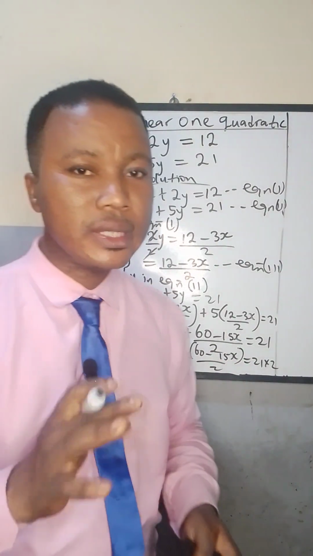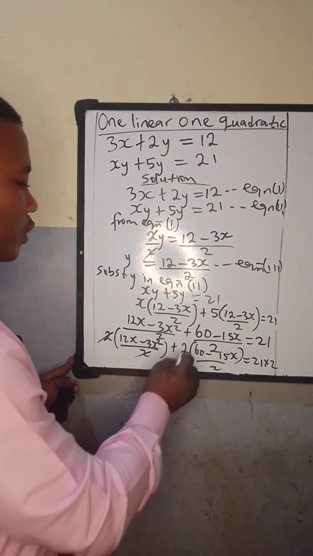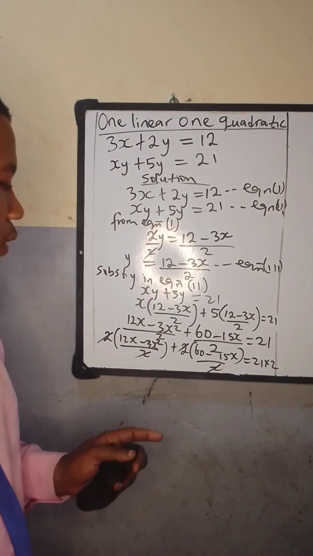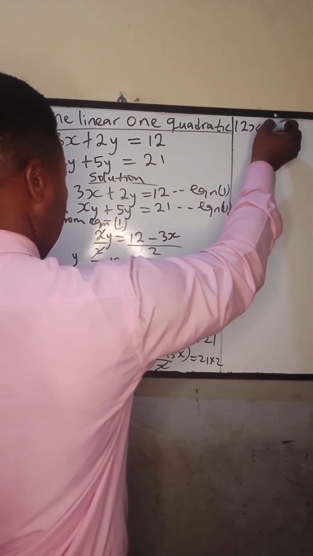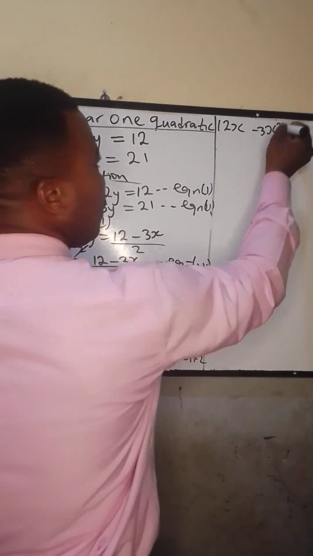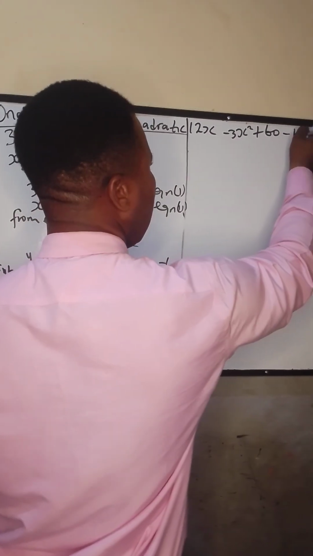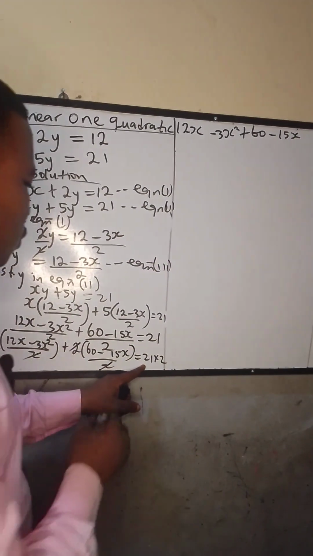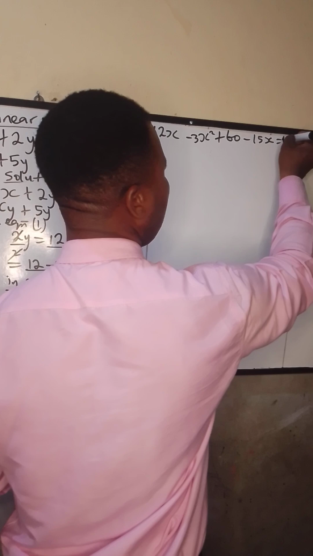I'm taking it step by step. Now this 2 takes care of this 2, and this one takes care of this one. So we are left with 12x minus 3x squared, plus 60 minus 15x, and 2 times 21 is equal to 42.